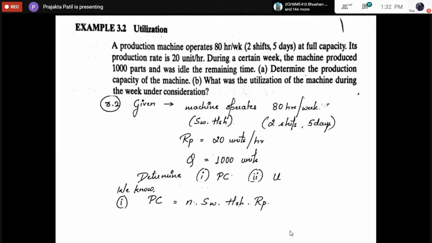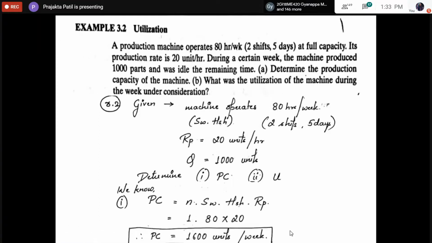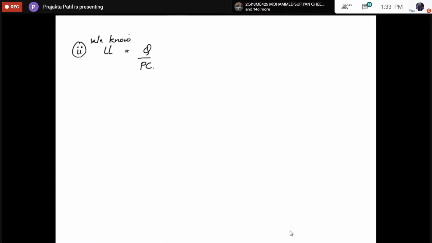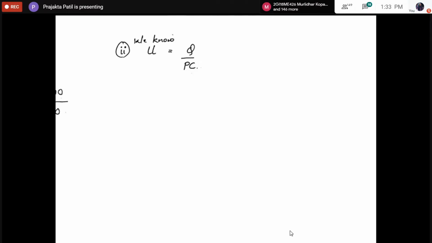Okay, let's check. Here the value of n is 1 because it is said a production machine operates. They haven't specified any number of machines here, so the value of n will be 1. So you get the PC value as 1600 units per week. All are getting this? Yes, ma'am. And utilization U is equal to Q divided by PC.